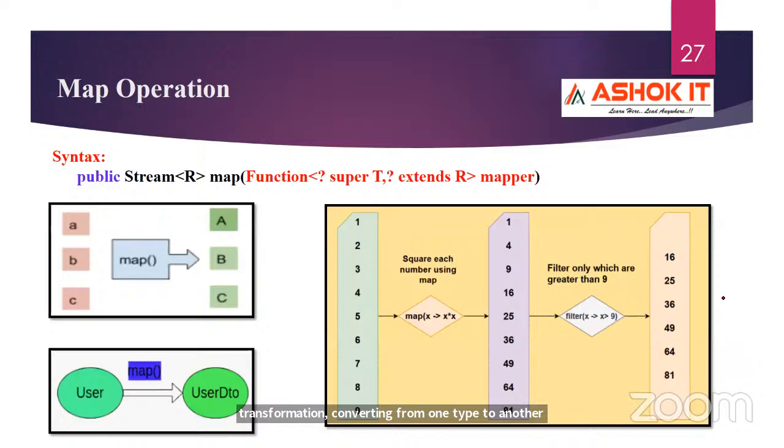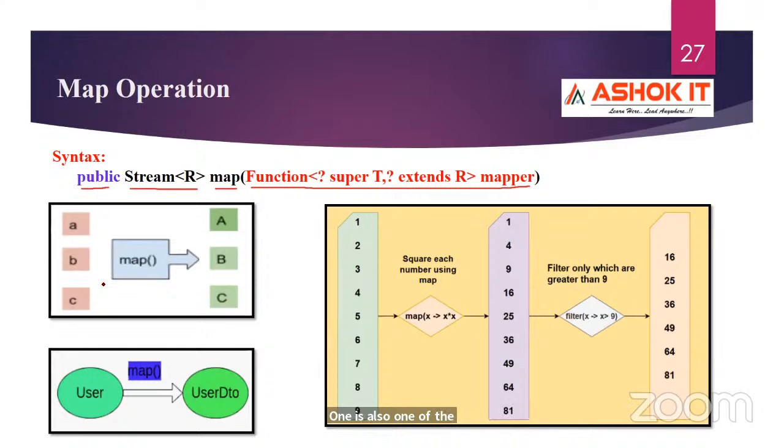See, here we have some examples. Let us first try to understand the syntax. It is a public method, everyone can access. The return type of the method is Stream, and the name of the method is map. The map method takes a Function parameter. What do you mean by Function? Function is one of the predefined functional interfaces, which contains one abstract method.